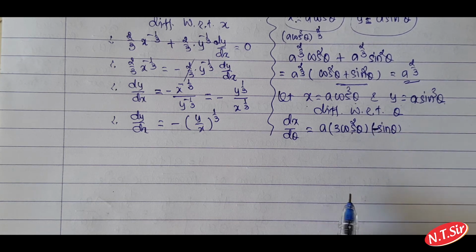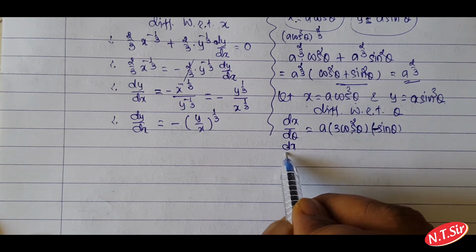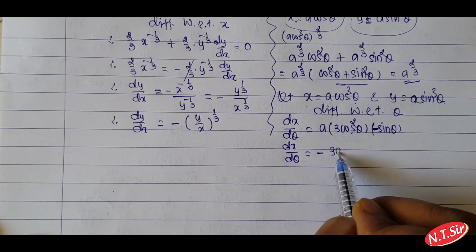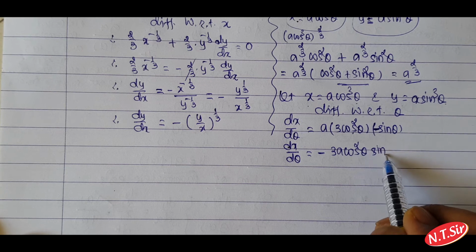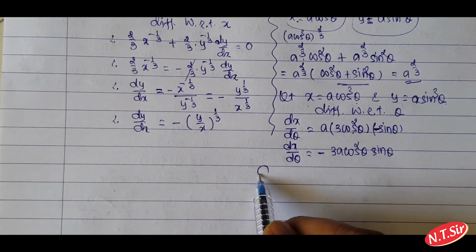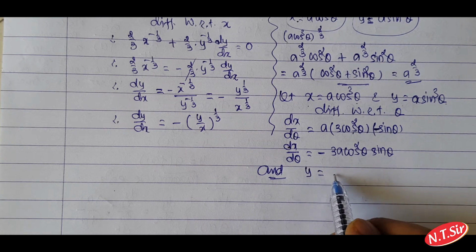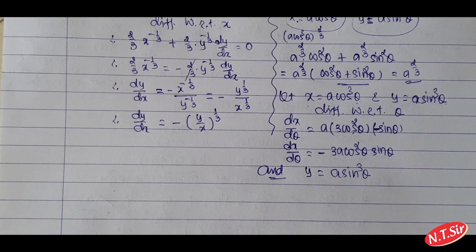Answer is minus sin theta, right. So dx by d theta is minus 3a cos square theta sin theta, right. And now what you have, y is equal to a sin cube theta, right. So differentiating with respect to theta, this is not equal to 0, that you know also.